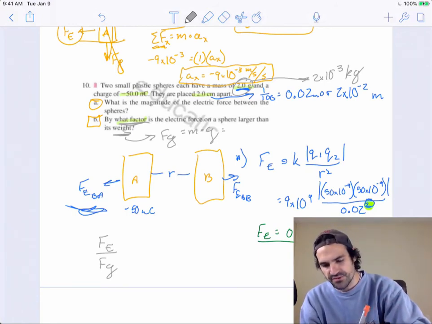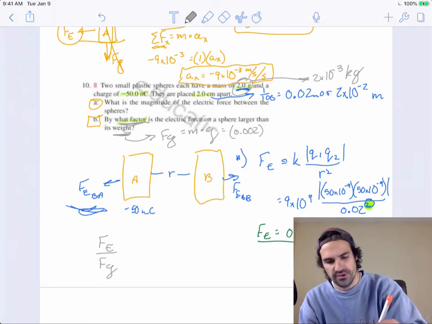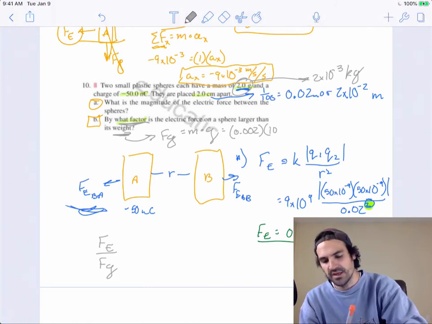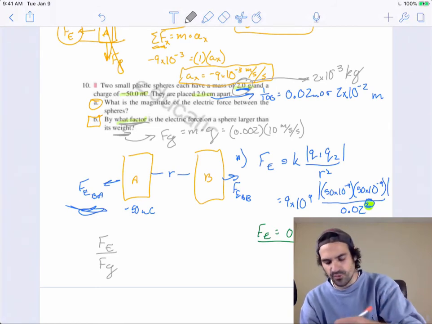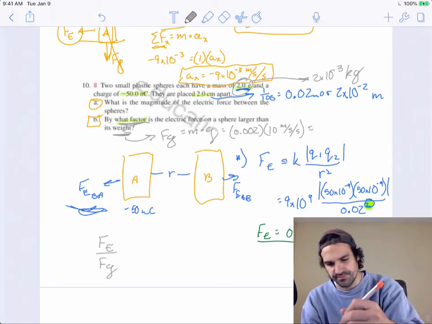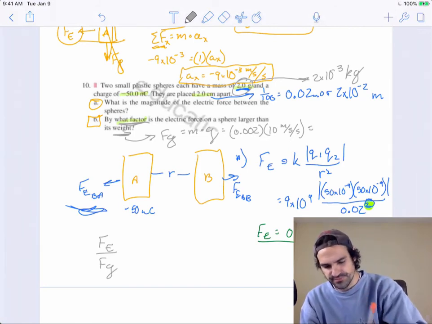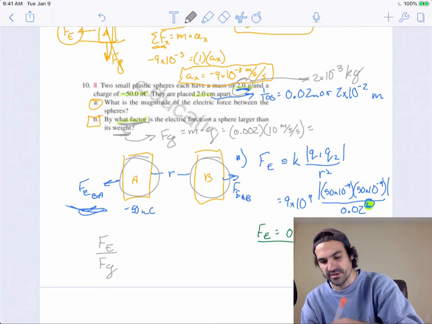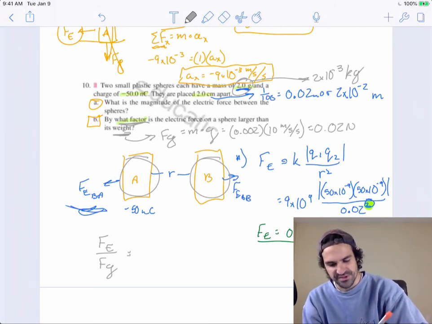So 2 times 10 to the negative 3rd, or 0.002 kilograms, times gravity, which is 10 meters per second squared on Earth. And we multiply those out to find that the weight of the plastic sphere is 0.02 newtons.